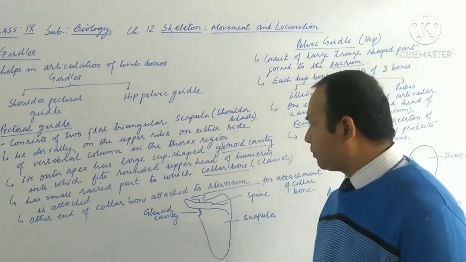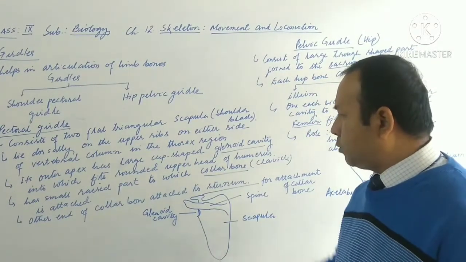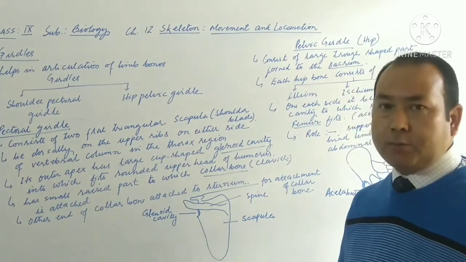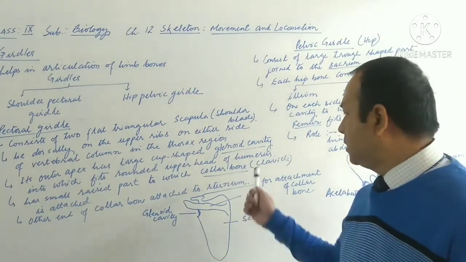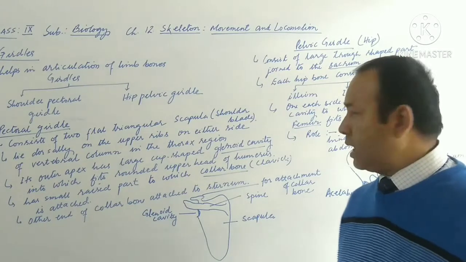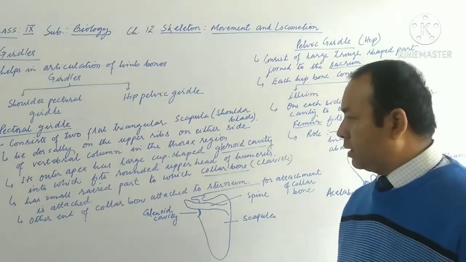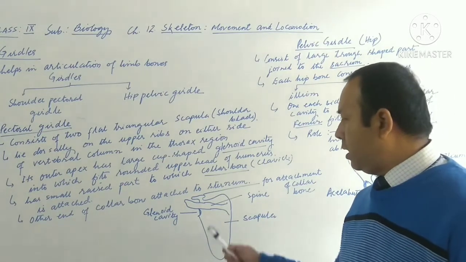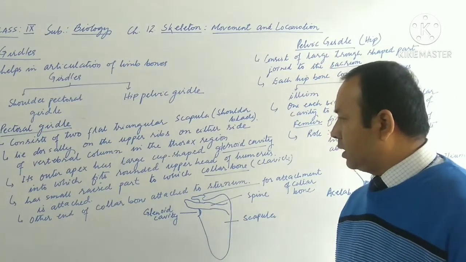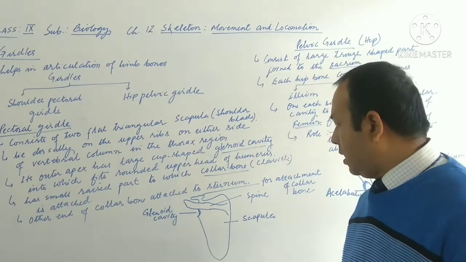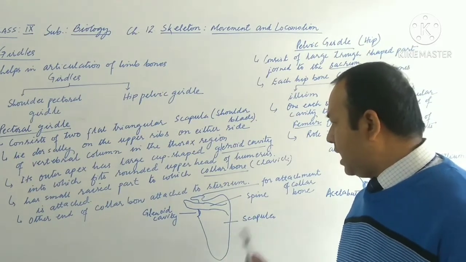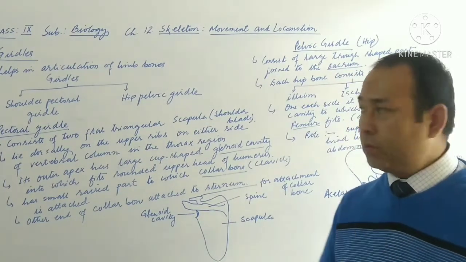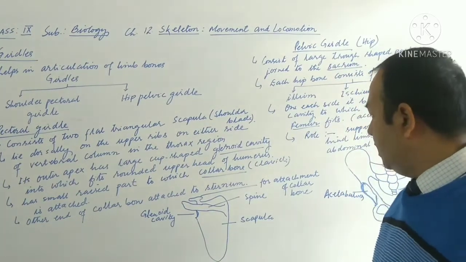Then it has a small raised part, to which the collarbone fits. Collarbone is also called clavicle. One end of this collarbone fits with this raised part of the pectoral girdle, and the other end fits with the sternum. Sternum means the breastbone. So this is about pectoral girdle.